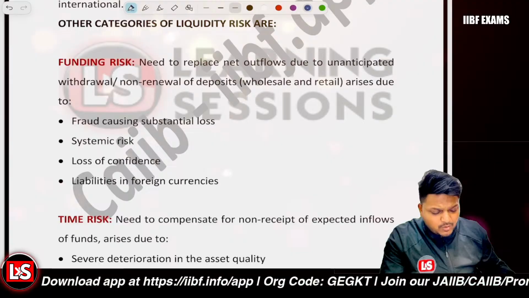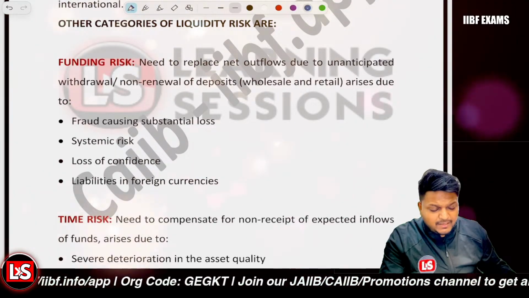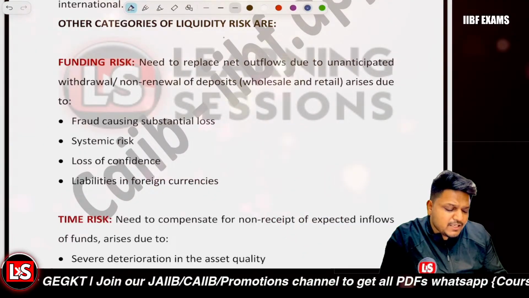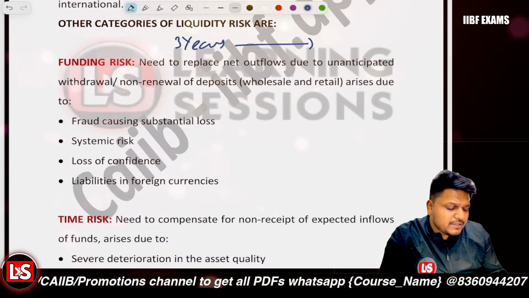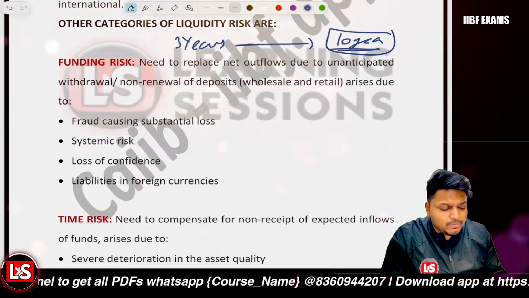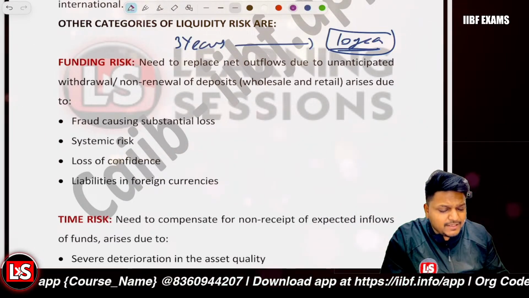The first one is the funding risk. Now, what is funding risk? Let's say you have an FDR of 3 years and against it you sanctioned a loan of 10 years. After 3 years, the person comes back to you, but you have already lent the money. Now you have no funds with you. That's basically the funding risk.